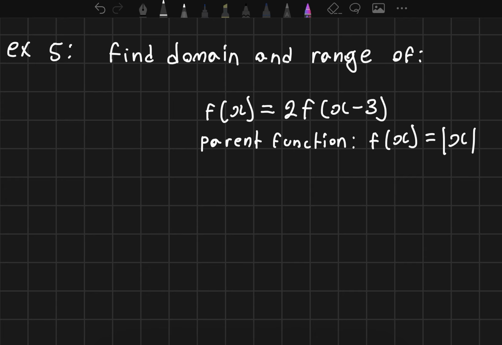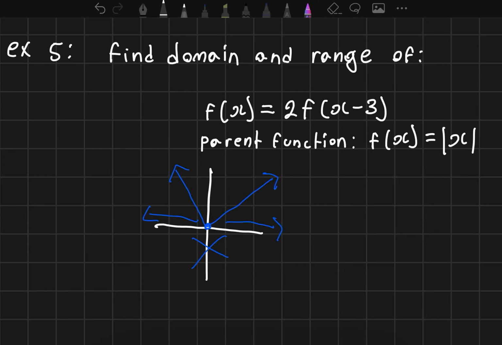So for the parent function, this is the graph of the parent function, and we can see that x values just go infinitely, but the y value starts at 0 and does not go less than 0.